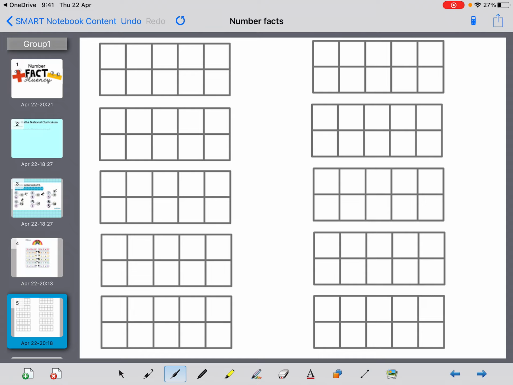Children would learn first of all to work on these systematically using objects or using colouring to help them.